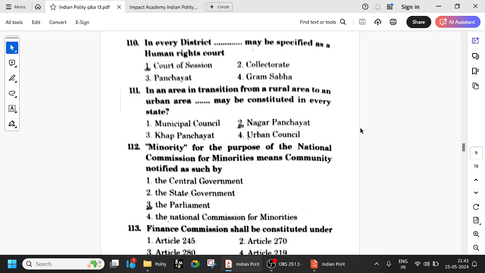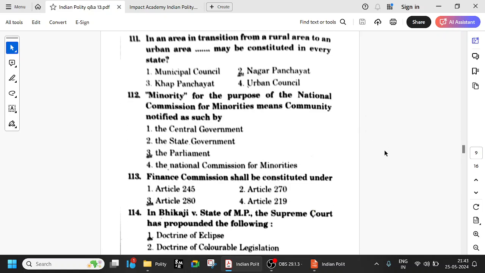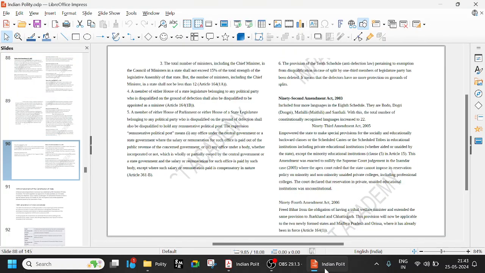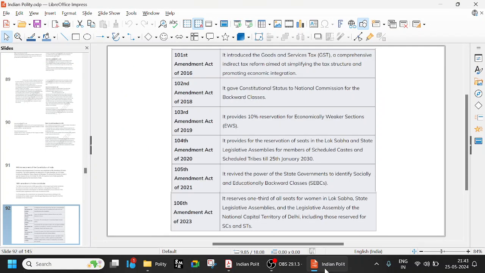Okay, remember that. So minority, for the purpose of the National Commission for Minorities, means a community notified as such by the Parliament. So Parliament will have to notify these minorities. Sometime back we have seen amendments regarding the state having the power to identify.